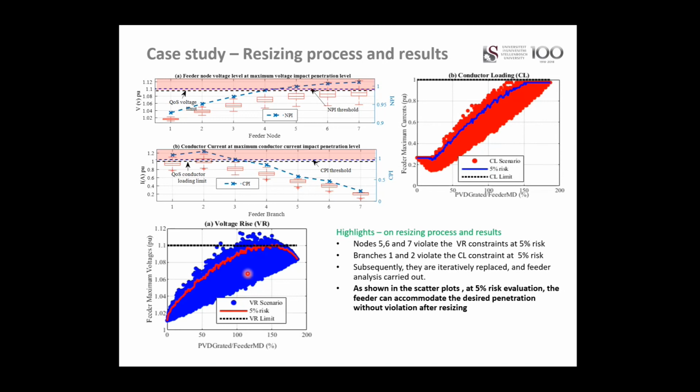So in you wanting to determine the impact of the penetration on your feeder, you want to, in my mind, assess that impact when you have the adverse impact from your PV penetration, which will be when your feeder is slightly loaded.